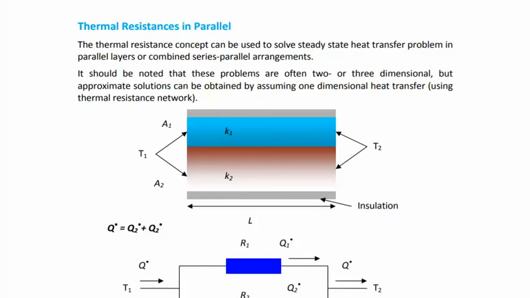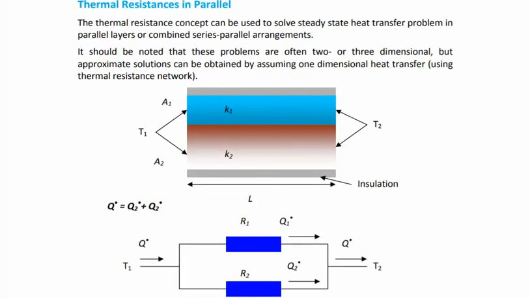Next, we will discuss the case where the thermal resistances are in parallel. In the previous example, we looked at the thermal resistances in plane walls in series. Now we are taking the thermal resistance in parallel.